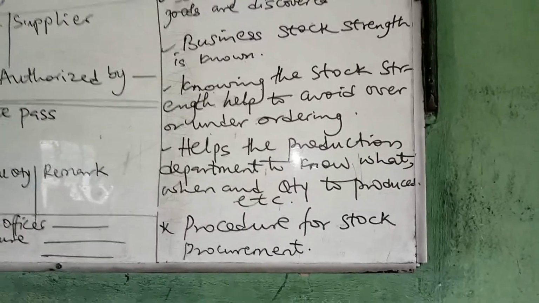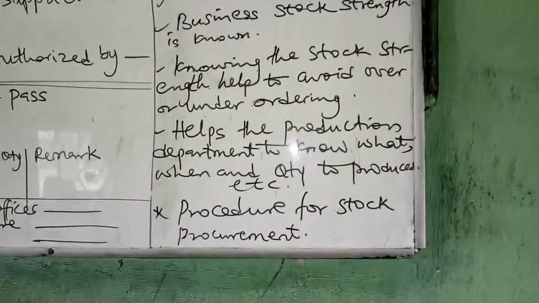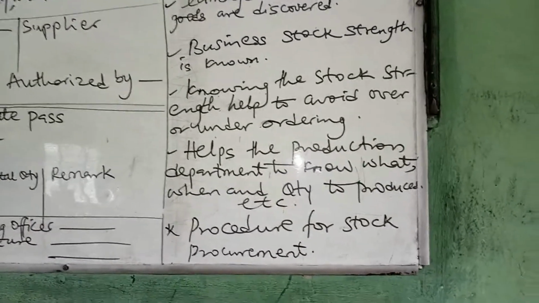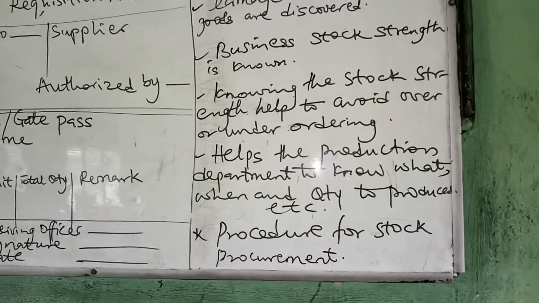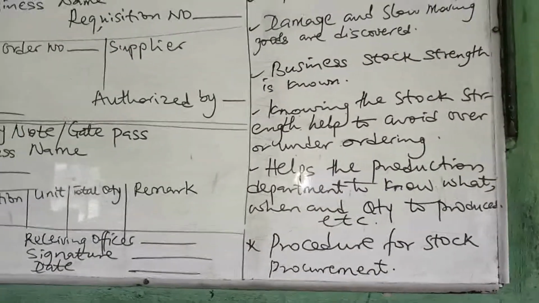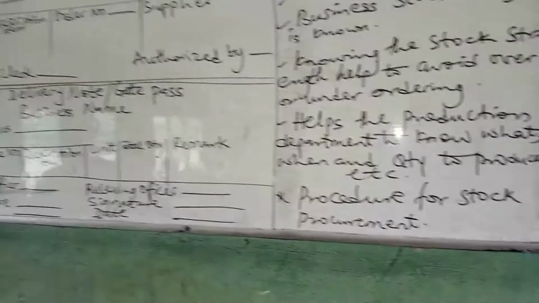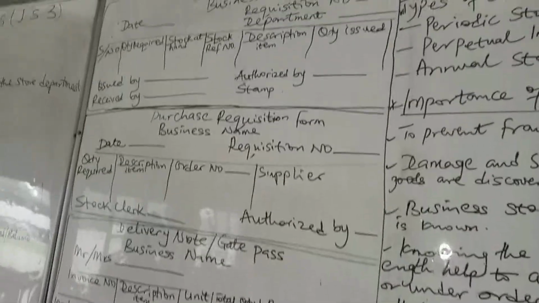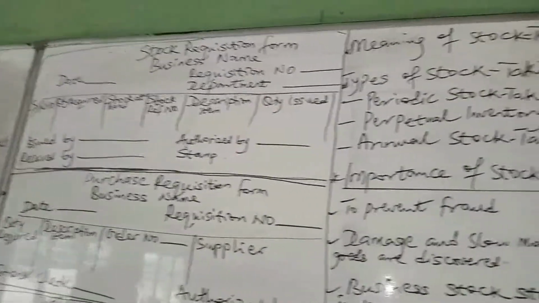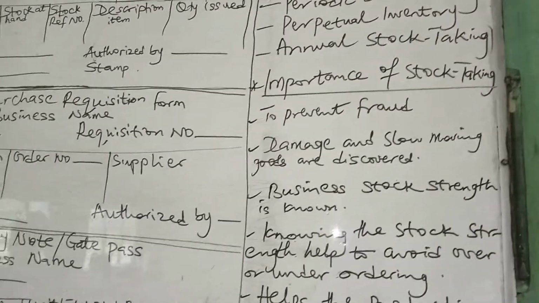Then the turnover of the business is also determined by the stock taking. We have treated turnover, so remember what we did that time. It also enables the company to know obsolete stock, that is stock that is outdated and therefore no longer sellable, or expired ones.